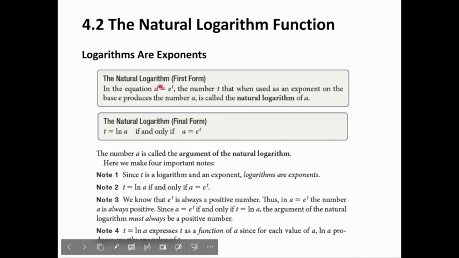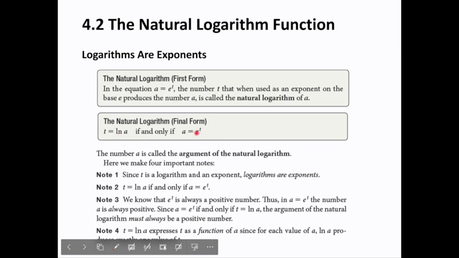So now let's look at our second form. If we rewrite this equation in a different form and we write it so our exponent is equal to the natural log of a, then we're calling this the natural logarithm because it's log base e.